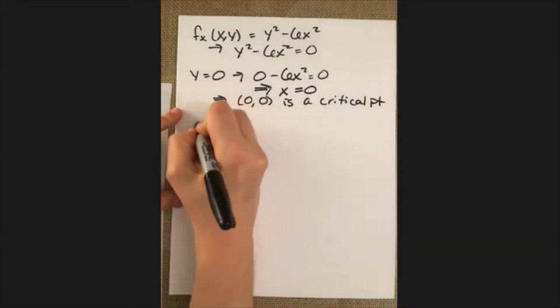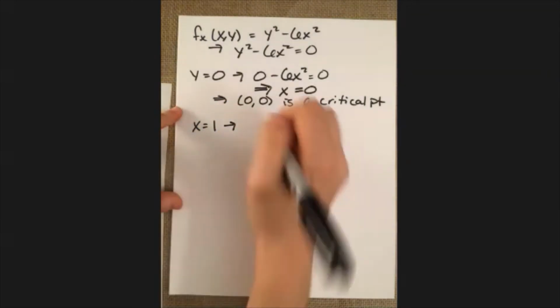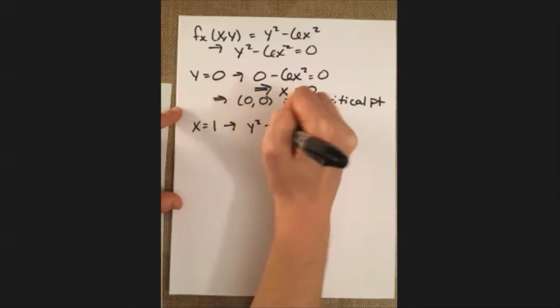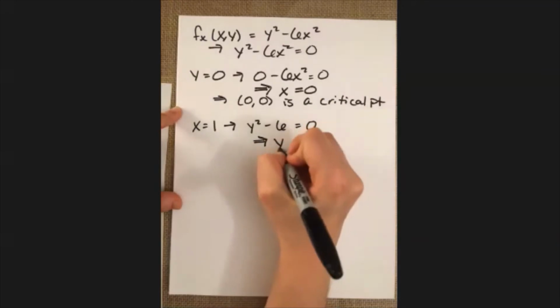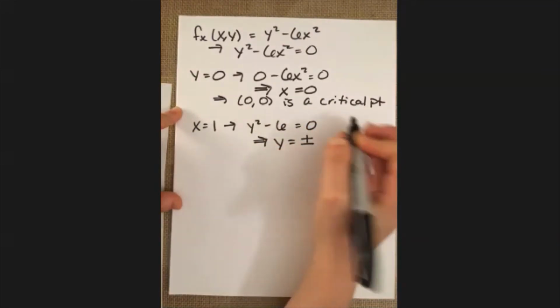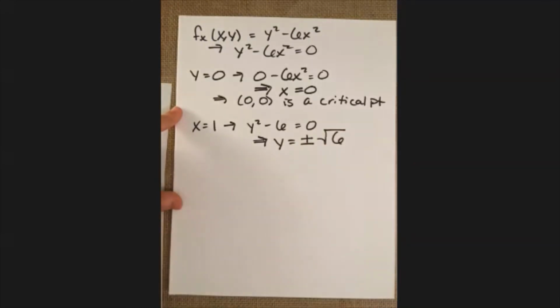Now we want to consider the case where x was equal to 1. And in this situation, we are going to get y squared minus 6 is equal to 0. This means that y has to be equal to plus or minus, remember that we could take either one, the square root of 6.